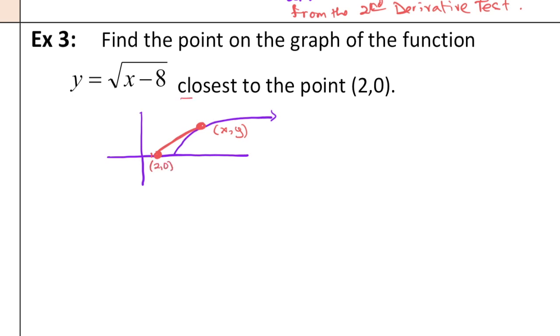Now, we're looking for closest. So closest means that we are finding a distance, and we're going to have to use the distance formula in order to determine that closest point. So the distance formula is going to be the square root of your x minus 2 quantity squared plus your y minus 0 quantity squared.